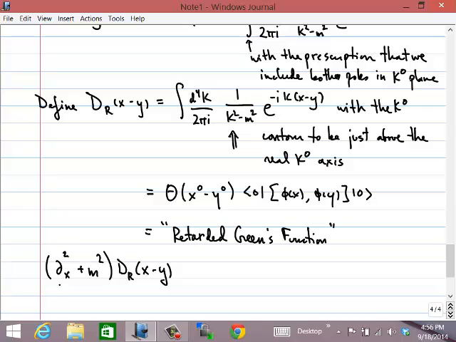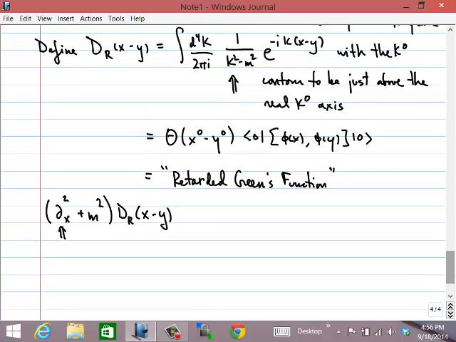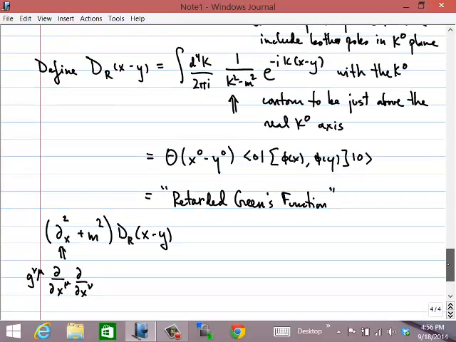So here, D, of course, depends on both x and y. This is the covariant derivative, d by dx^μ, d by dx^ν, g^μν. Okay. I've written a little x subscript here to remind us that it acts only on x instead of on y. And if you want to go ahead and compute it, well, that's easy. You just plug into this equation. You get an integral d^4k over 2π i.